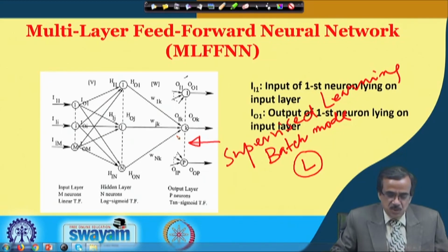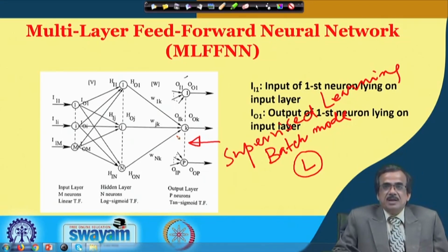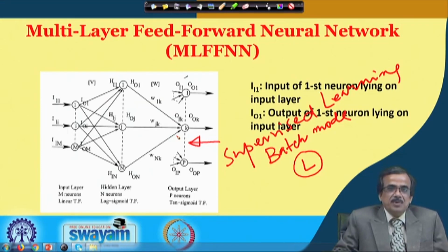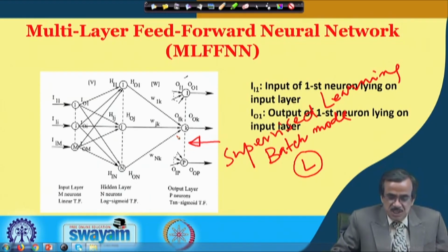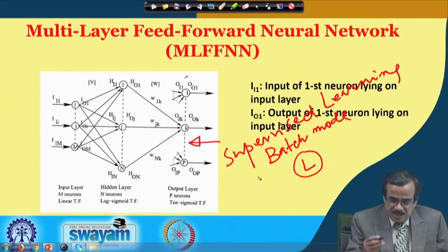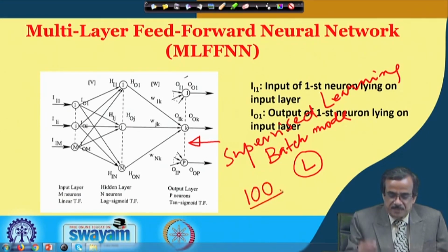Now, here I just want to make a point, if I go for the batch mode of training, we will have to be careful that we have used a sufficient number of training scenarios. Now, supposing that this particular network has, let me consider, approximately 100 design variables.